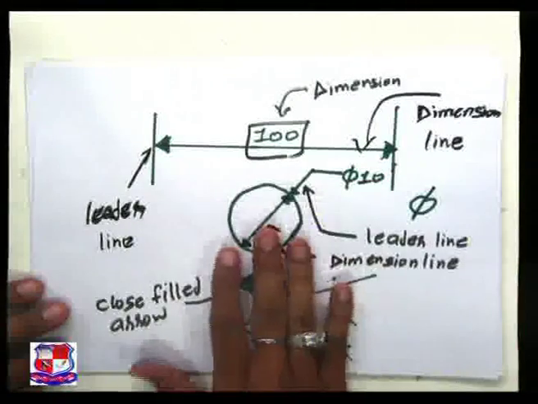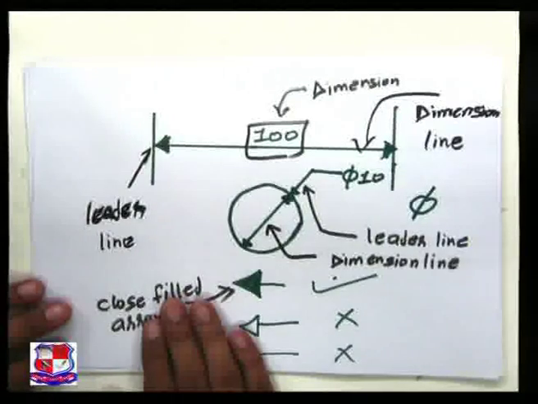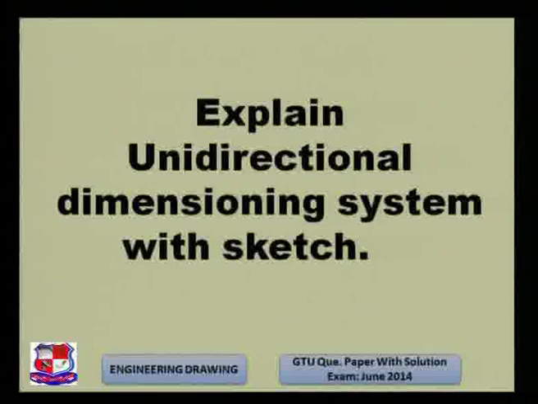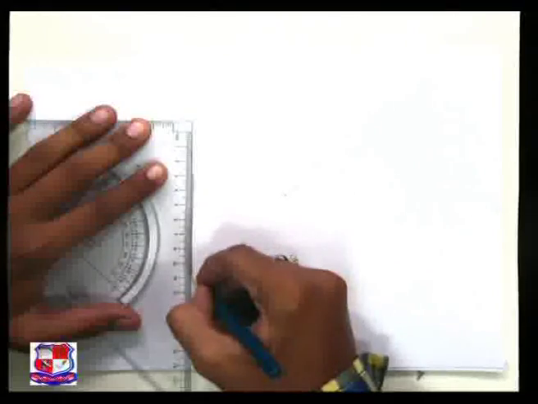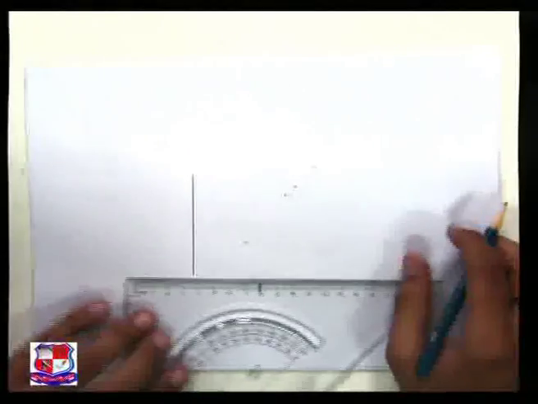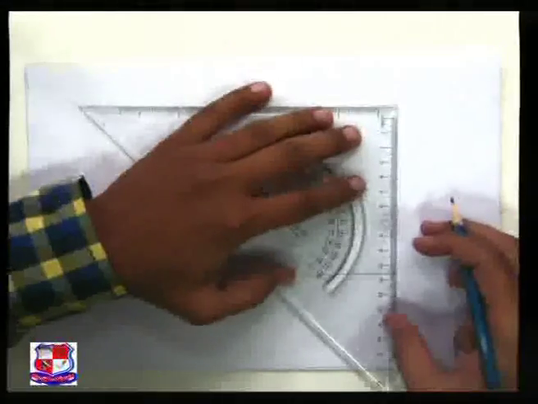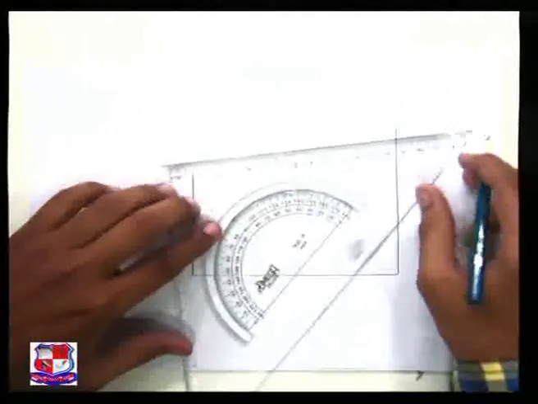So this is how you can have some sort of dimension. Now this basic concept is clear. Now we can see what the unidirectional dimensioning system is. I'll give you one example so that you can briefly understand. First of all, I am drawing a sketch, so all kinds of dimensions can be included.